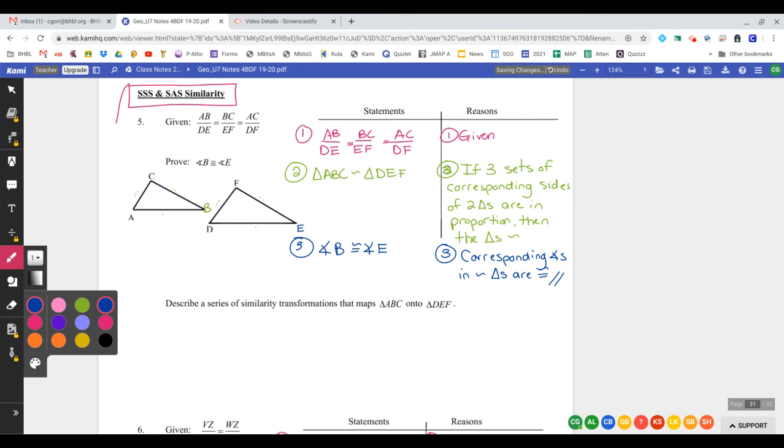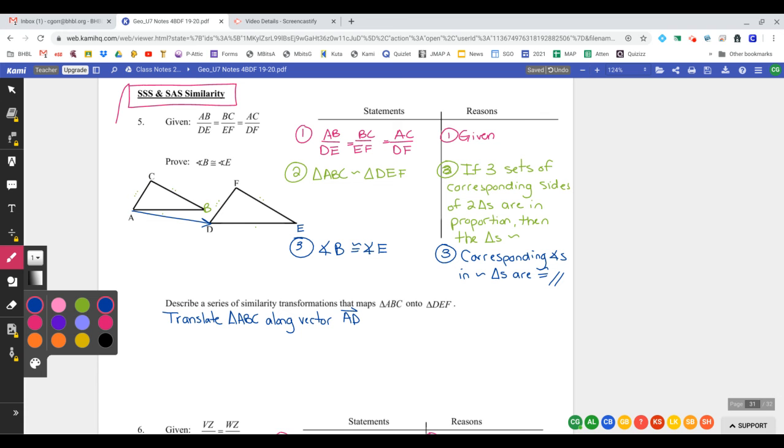Now it says to describe a series of similarity transformations that will map ABC onto DEF. So the very first thing I want to do is get these triangles on top of each other. So I'm first going to move my one triangle onto the other triangle. So we are going to translate triangle ABC along vector AD.